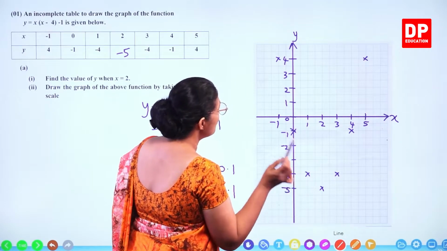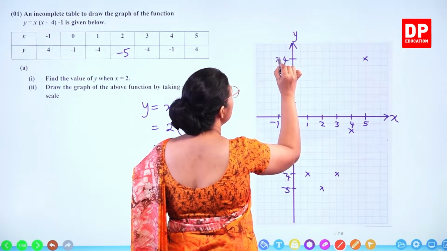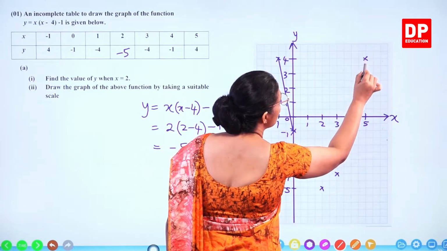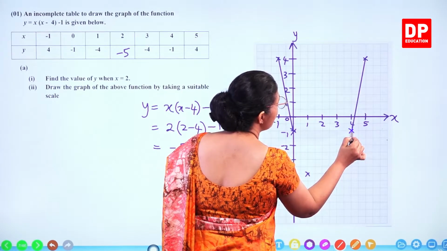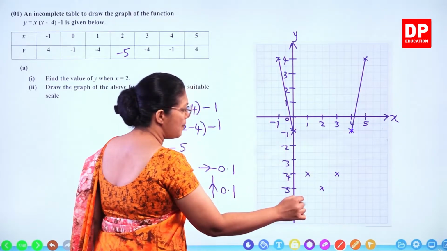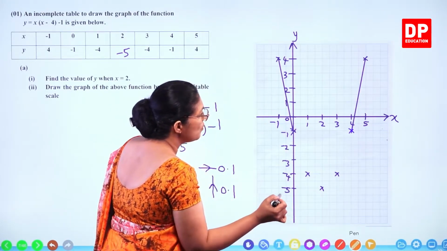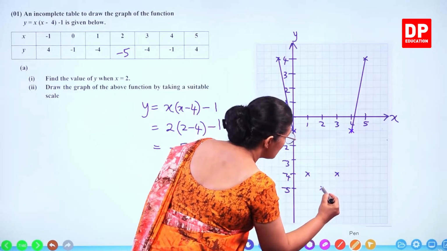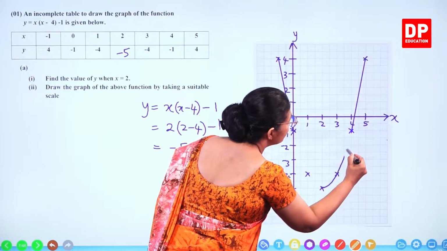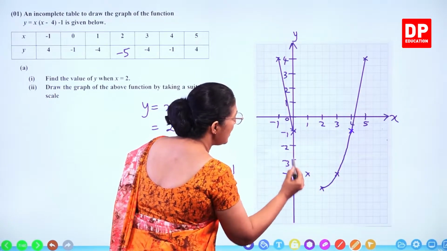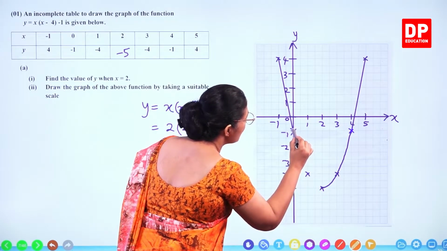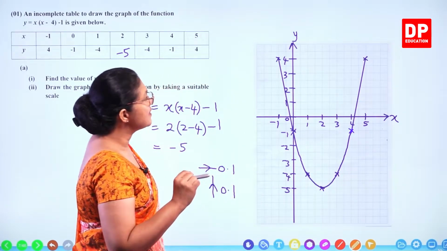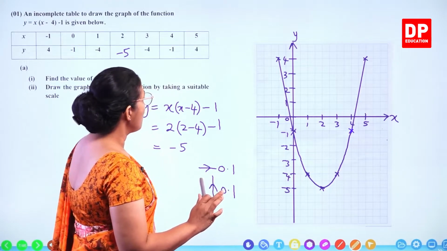You can take the ruler just to connect the end points like this, because those 2 points are far away. Then the other points you have to connect smoothly. So let's start from the vertex point and connect this way. And then this side, you can connect from here. So this is the quadratic graph.